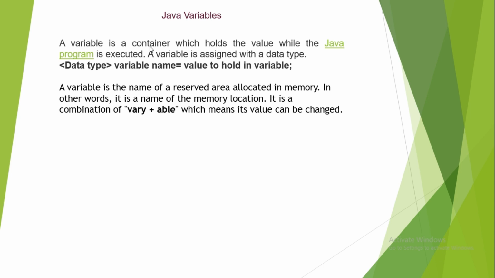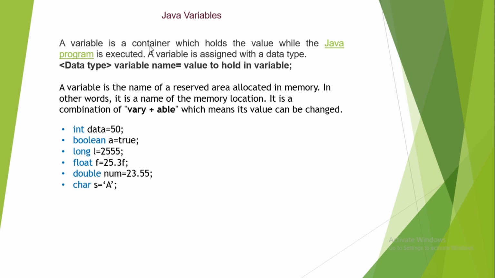Okay, so let us see how we can create different data types. Suppose you want to create a variable with int data type. Okay, this is the way. For the int you have to give int as a data type. If you want to give boolean values, boolean means it can store true or false.